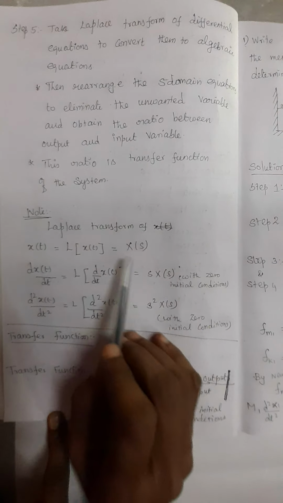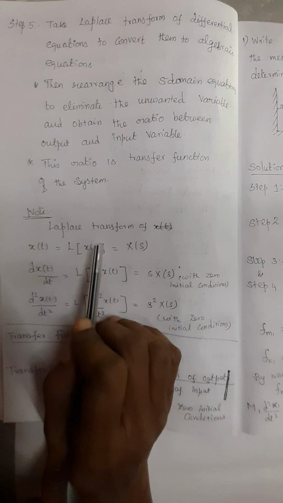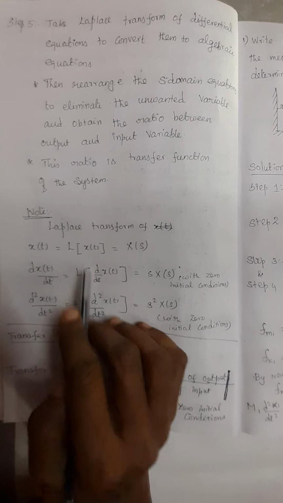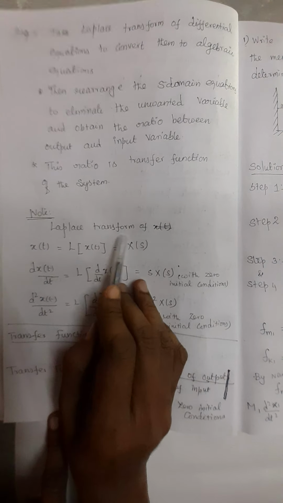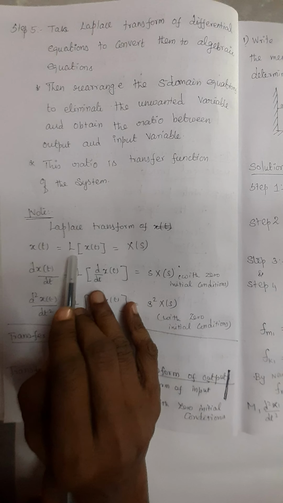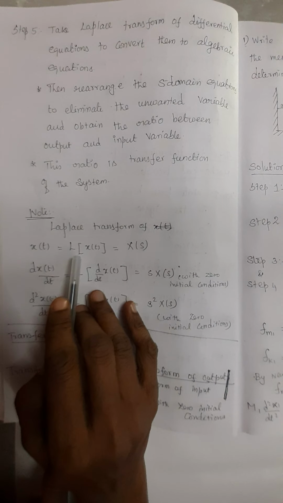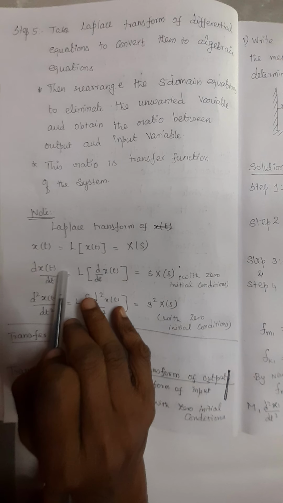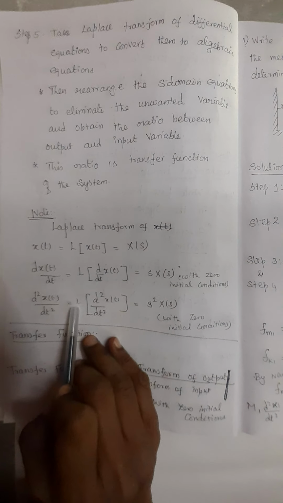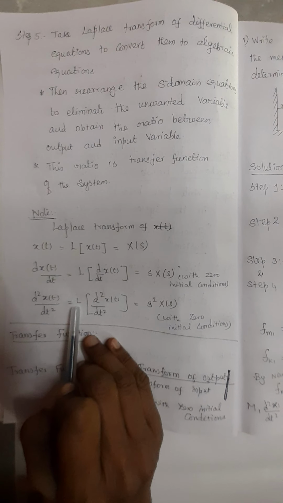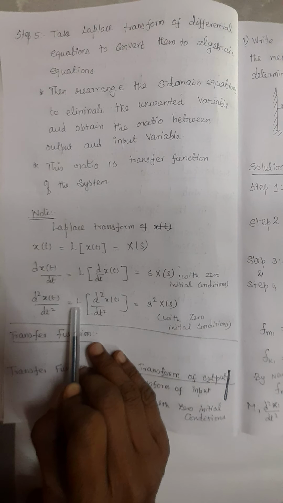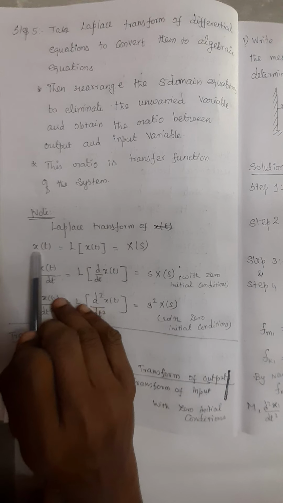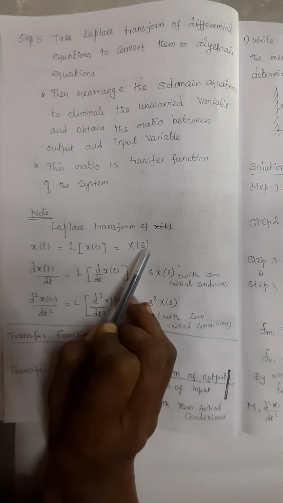And here is a note for easier understanding of how to take the Laplace transform. See here we have displacement, velocity, acceleration in a mechanical translational system. How do we take the Laplace transform?